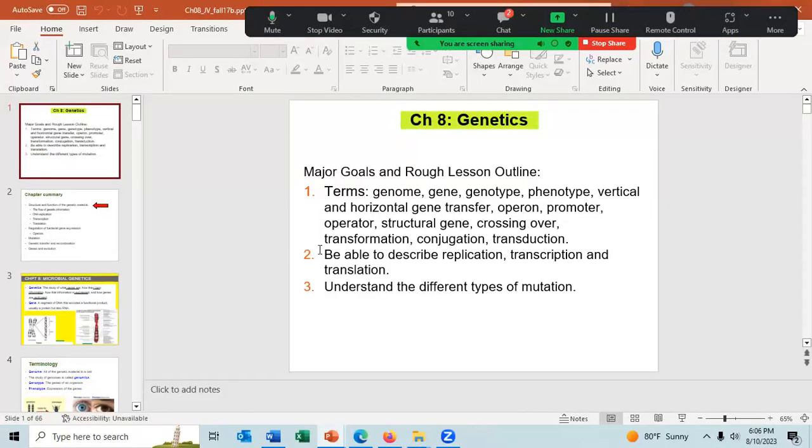What is crossing over? What is transformation, conjugation, and transduction? Two, be able to describe DNA replication, RNA transcription, and protein translation. And three, understand the different types of mutations. Any questions about what we'll be talking about?